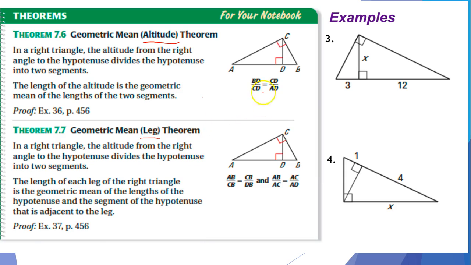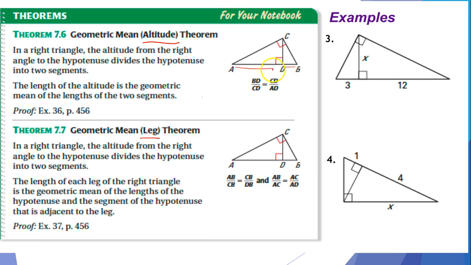So this geometric mean altitude theorem says that to find this altitude, it's the geometric mean of these two sides of our right triangle that make up the whole hypotenuse.